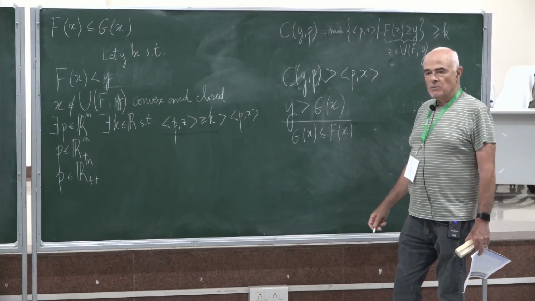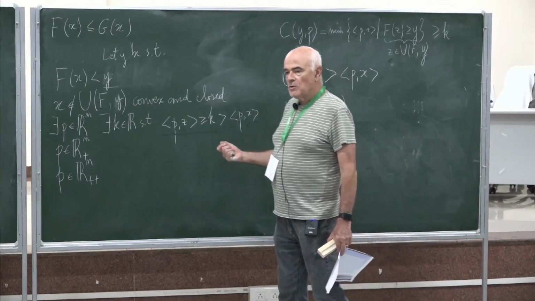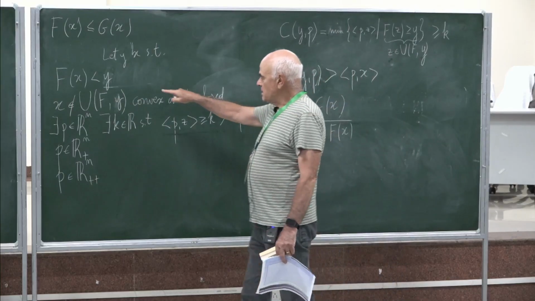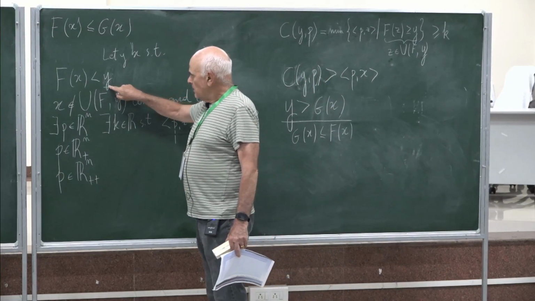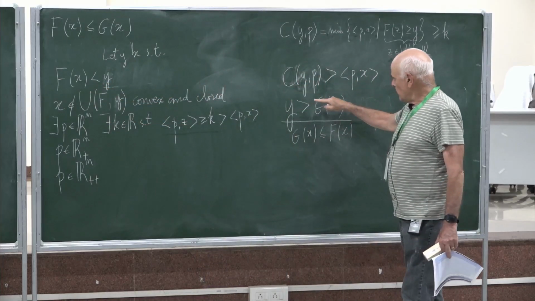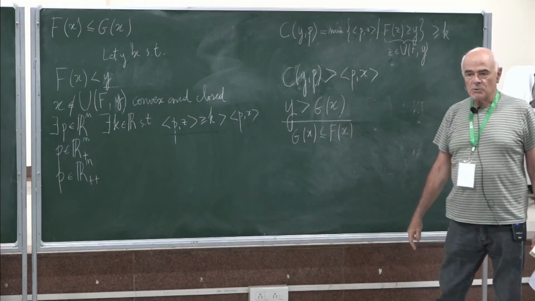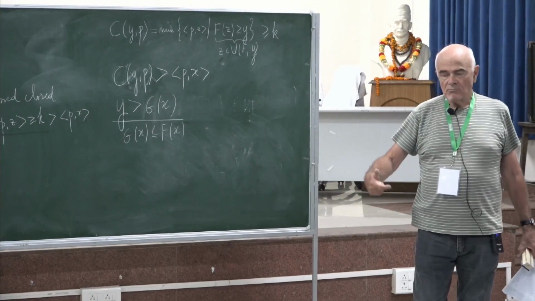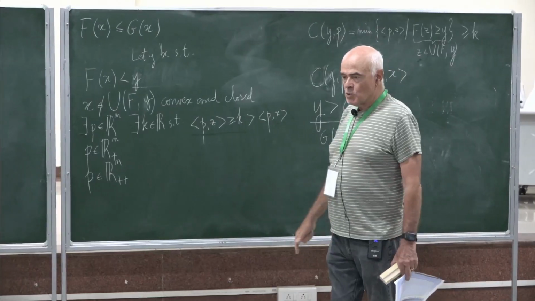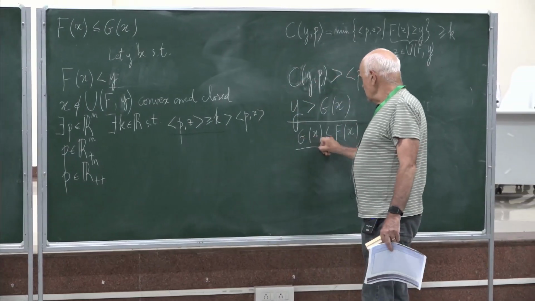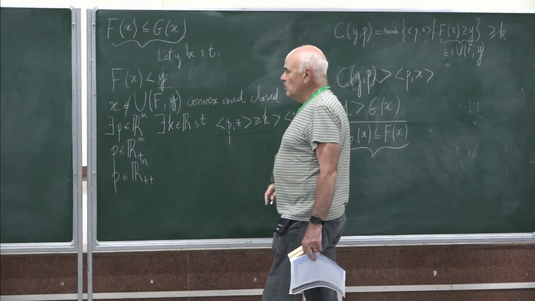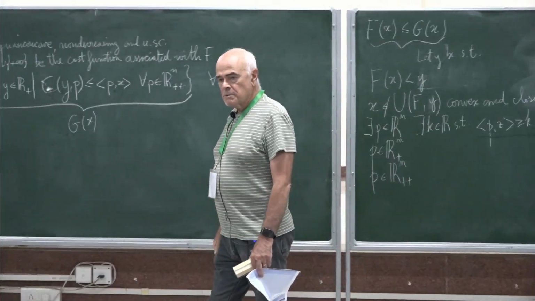We have used this argument a million times: since y is an arbitrary number greater than f of x, let y tend to f of x. So going to the limit, here we get f of x greater than or equal to g of x. Present the proof the way you like, now or as I did initially by contradiction. Anyway, we have this and that, so we conclude that equality holds.